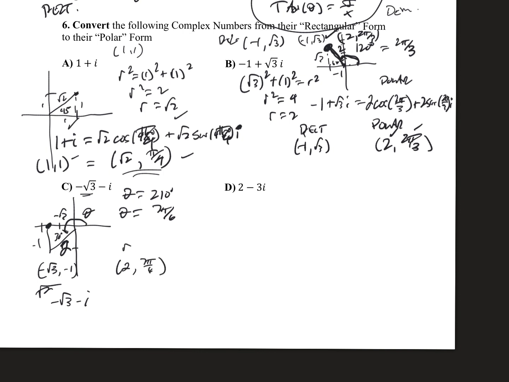So there's my r theta versus my x and my y. And we write this as 2 the cosine of 7 pi over 6, plus 2 the sine of 7 pi over 6. So that's basically how we do that, okay?